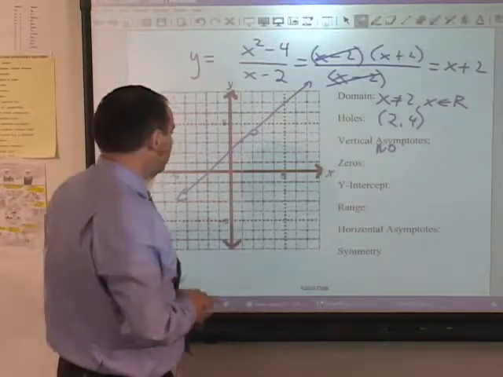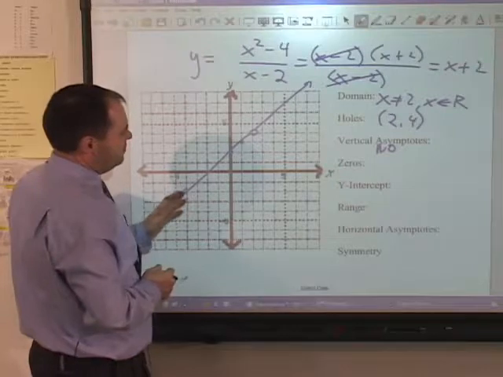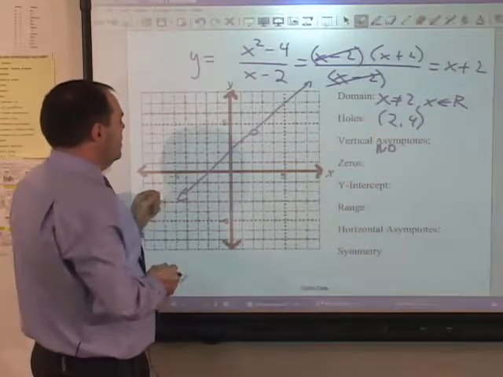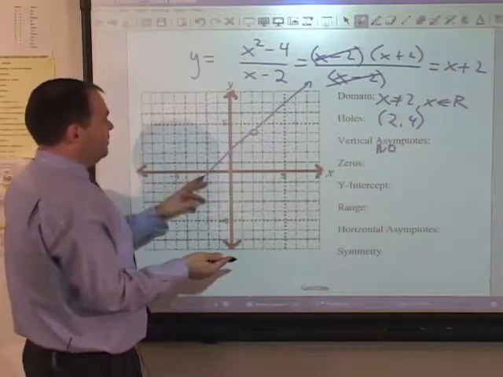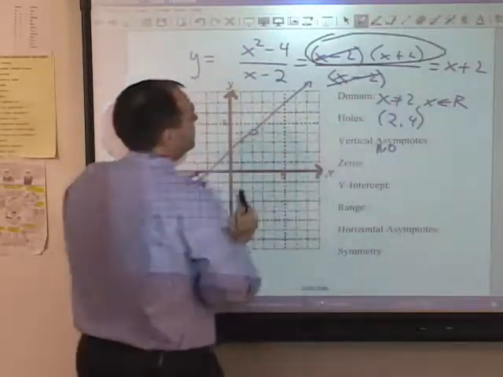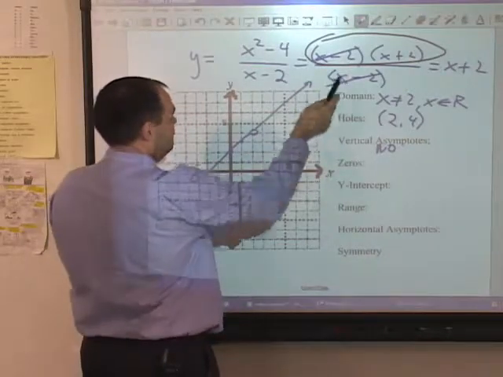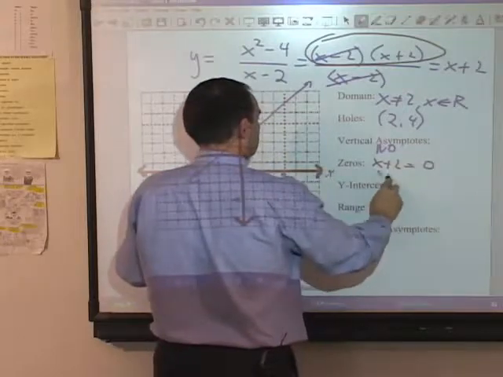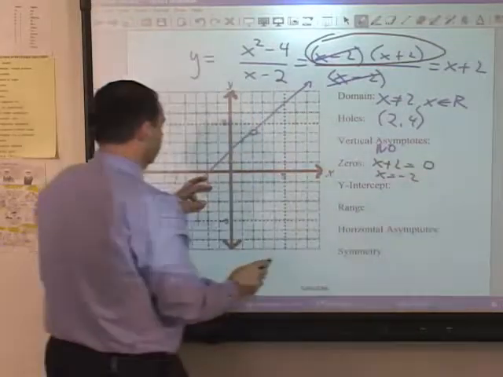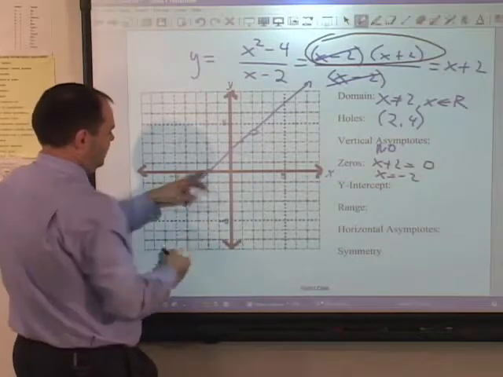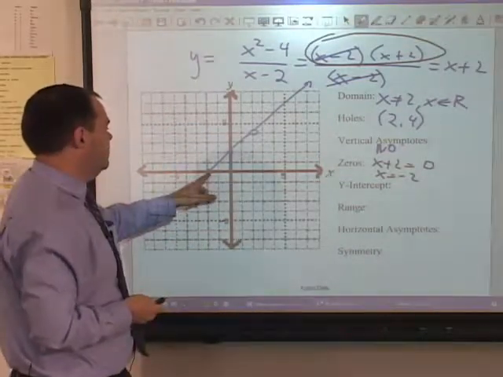Just finishing off with a few more things that we would expect you to find on a graph such as this. Without a graphing calculator, we would expect you to find the zeros of the function, which is where the numerator is 0. Since the x minus 2 canceled out, we're left with x plus 2 being 0, which means x is negative 2, which by using my slope, I can see that it actually would, in fact, intersect there.